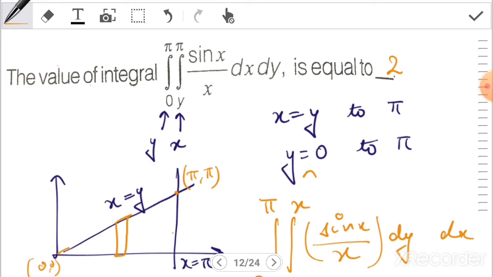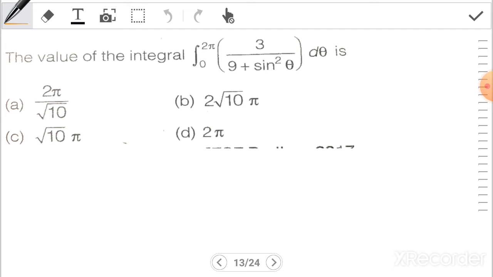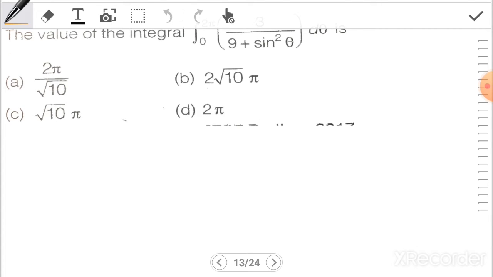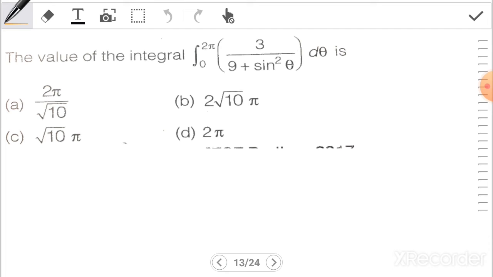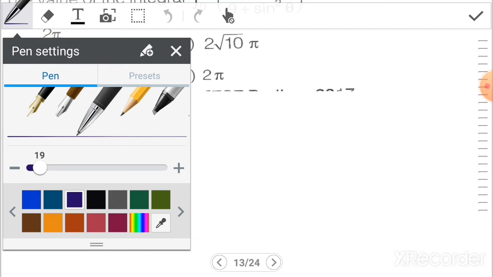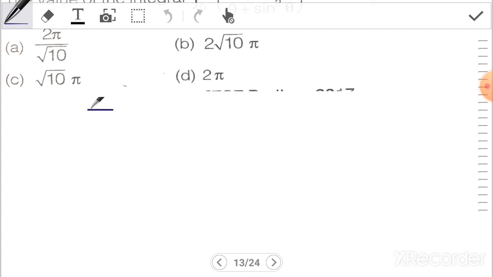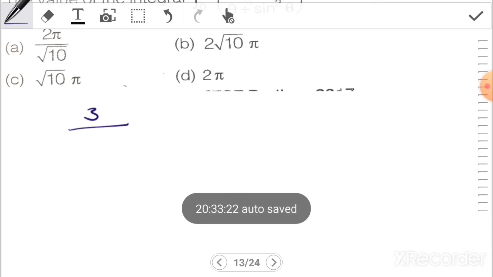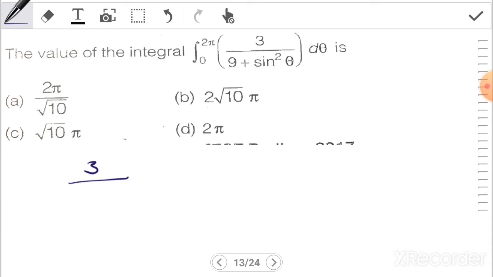Let us go to the next problem. The value of the integral 0 to 2 pi of 3 by 9 plus sine square theta d theta is. Okay, so here let us multiply and divide by cos square theta.